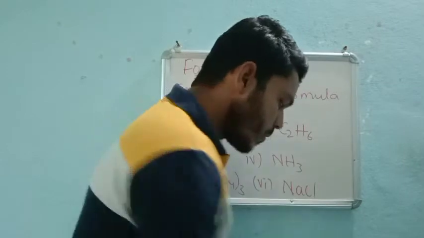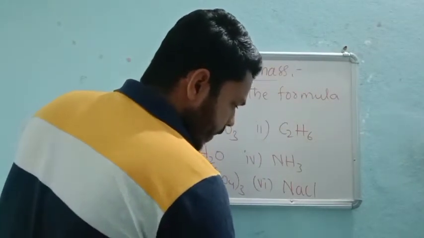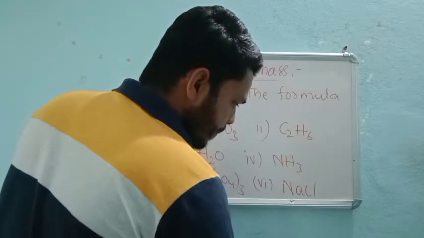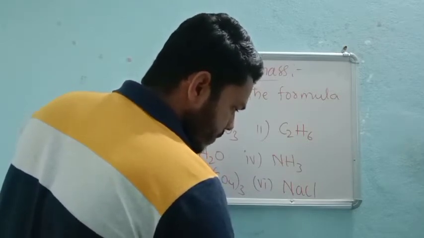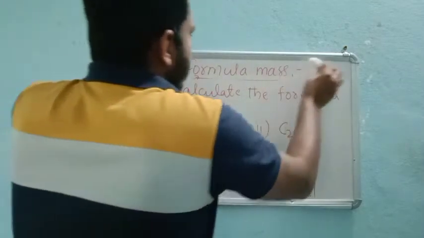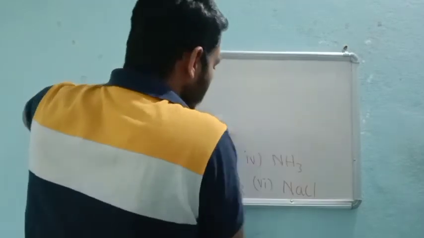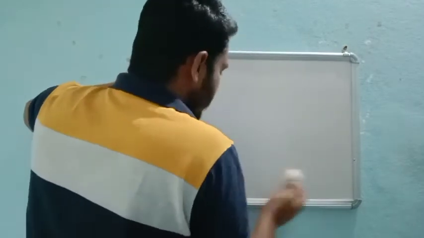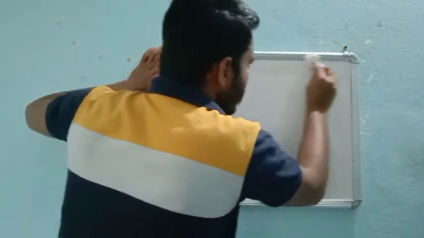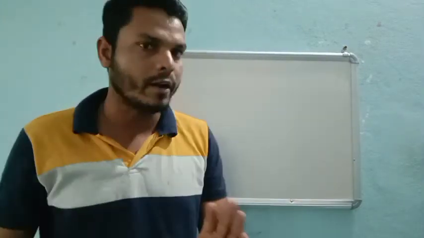So this is about the molecule formula mass, right? Next I will introduce one more part, I mean the calculation part itself. So in any given compound, if I talk about the percentage, it will always be 100%, right?